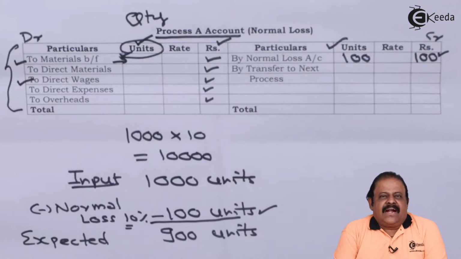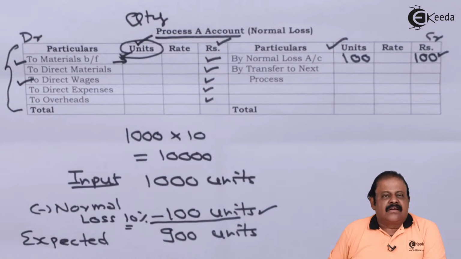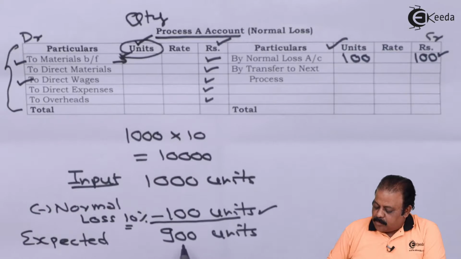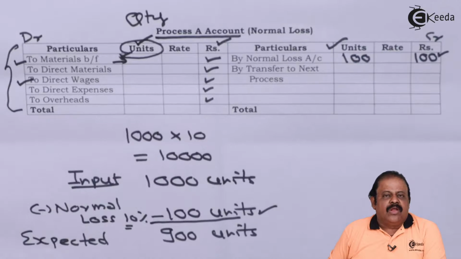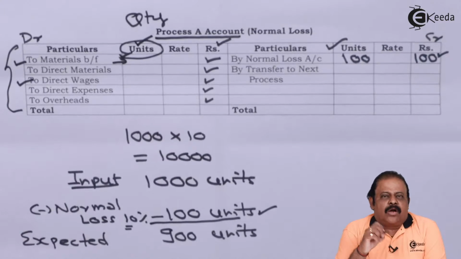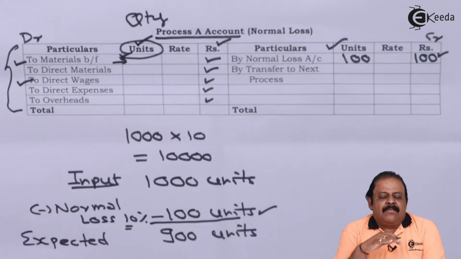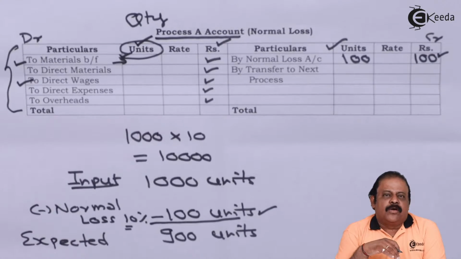There is possibility that actual output also is what is expected, that is 900 units. Here expected output and actual output both are equal. That means we got only normal loss. There is no abnormal loss or abnormal gain in this particular process.